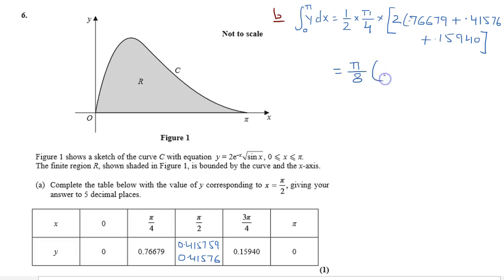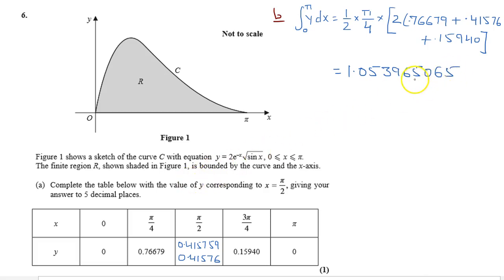pi over 8, and if you calculate it directly, there is no need to write pi over 8. You can check the complete value in your calculator, and what I am getting in my calculator is 1.053965065.